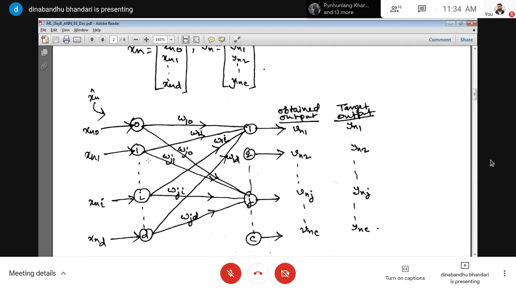And another thing we have said is that these connections will have a weight associated with them. The connection connecting the 0th input node to the first output node, we denote as W10. For one node in the output layer receiving from the first node in the input layer, that connection weight will be W11.